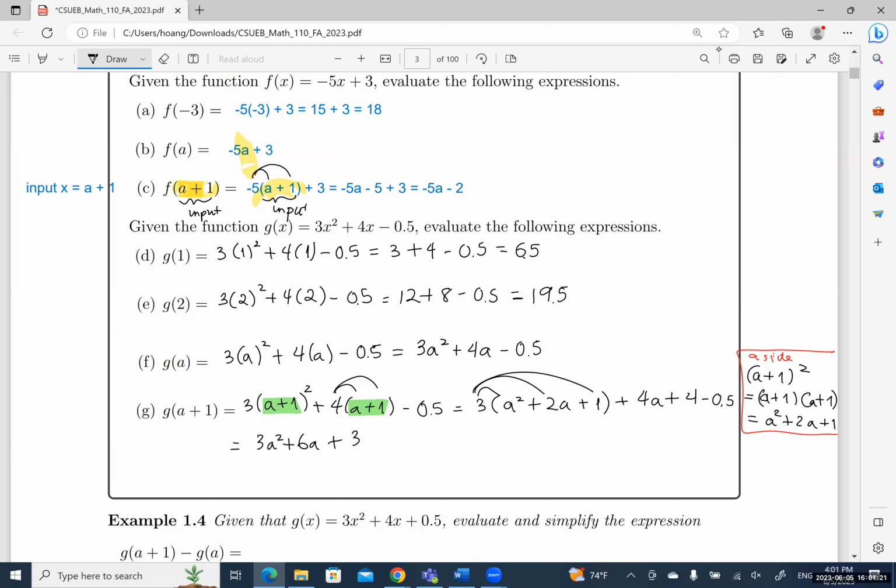And you plus 4A plus 4 minus 0.5. You actually can combine these two as 4 minus 0.5, which is 3.5, right?